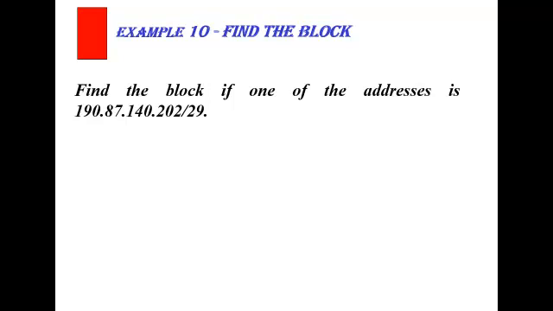Now find the block if one of the addresses is given. In such types of questions, when only the word block is used, you have to find out three things. Number one, the first address. Number two, the last address.